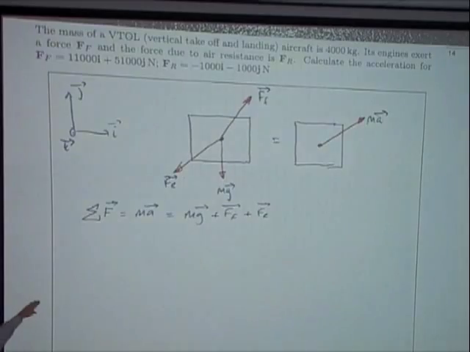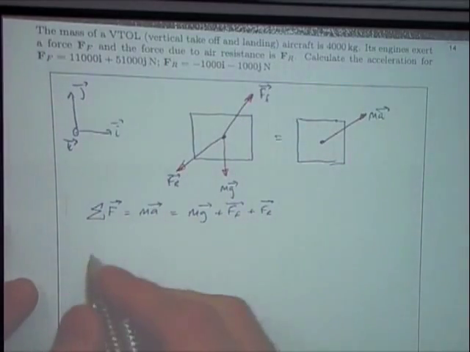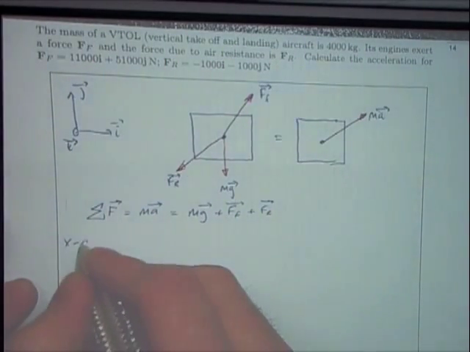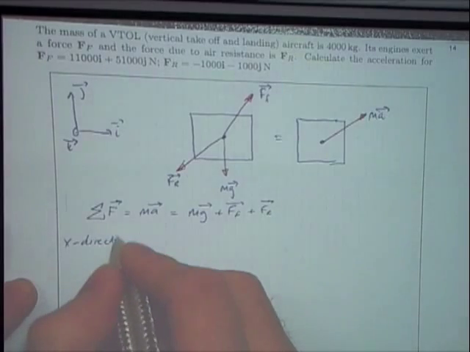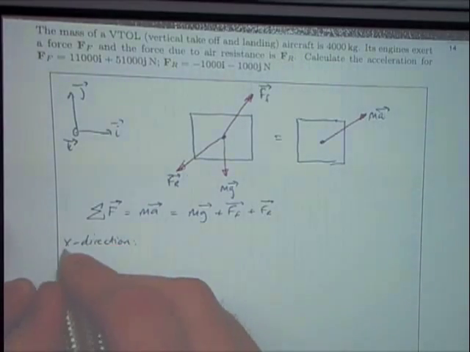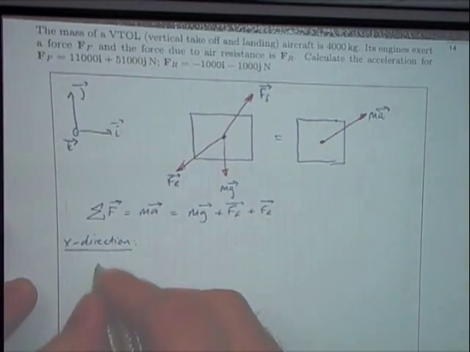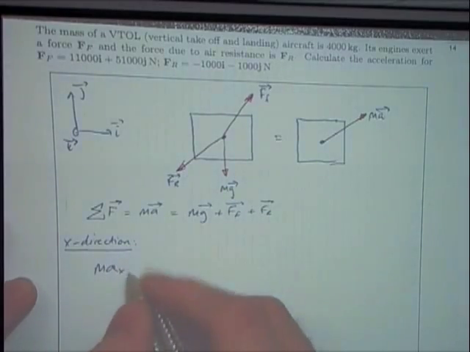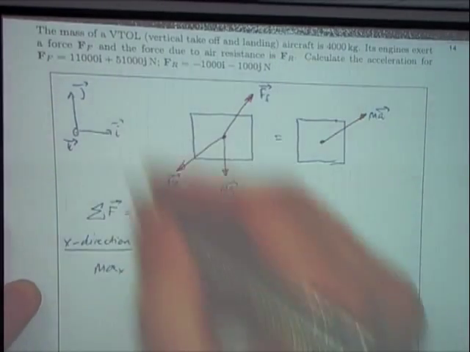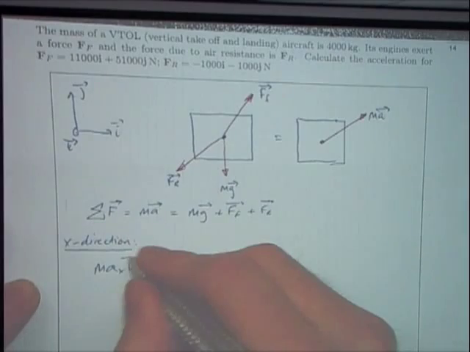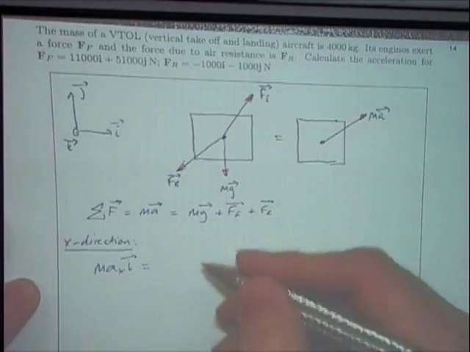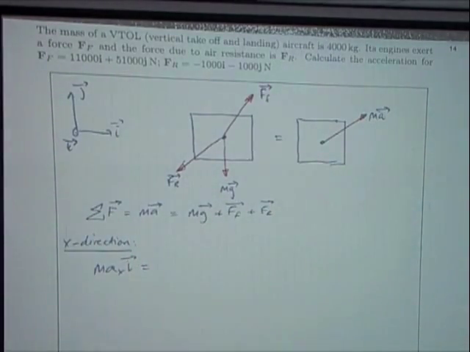So the next step, once we've got this equation, we then have to decompose it into the x and y coordinates, okay? And so the next step, we'll decompose this into x. So if I write the x direction here, we've got m times ax, okay? This is obviously in the I direction, so I'll write I, equals, and then we have to look at all the forces that are being applied in the x direction.